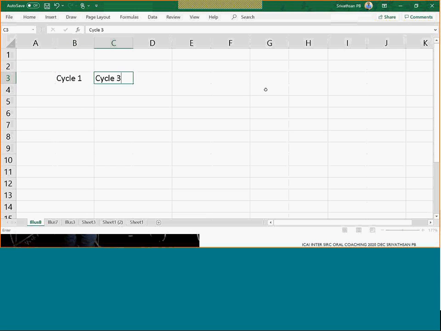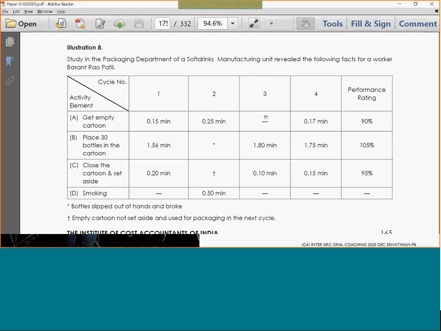Then cycle 4, and then this, he took 5 minutes to get, 6 minutes to fill and set aside. Now cycle 3, the same carton was used for cycle 3.